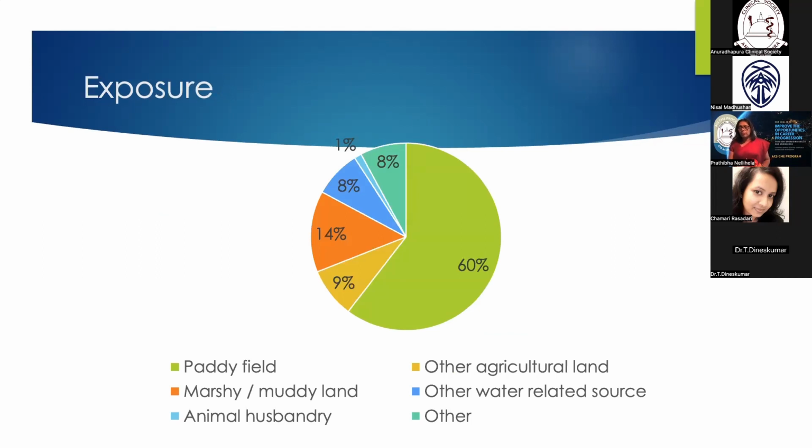And the exposure, when we consider, 60% were paddy field exposed. They were exposed to paddy fields. So basically this is going through mice in paddy fields, and then comes marshy lands, then animal husbandry, and the other agricultural lands and wastewater sources.